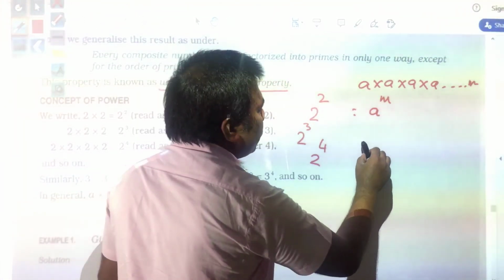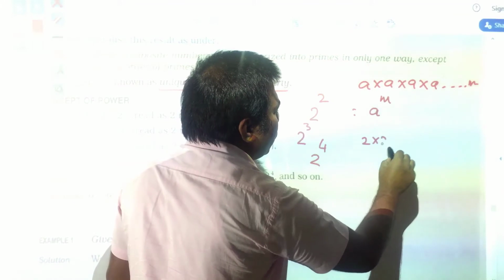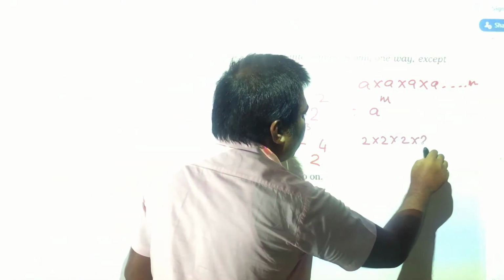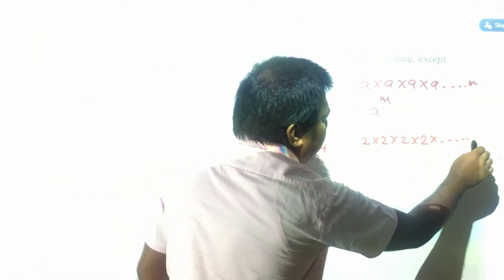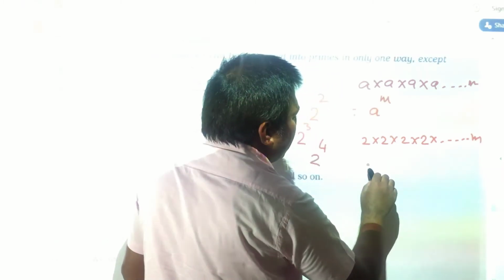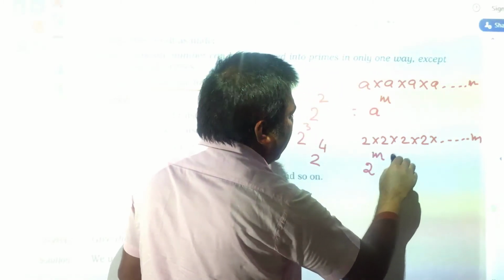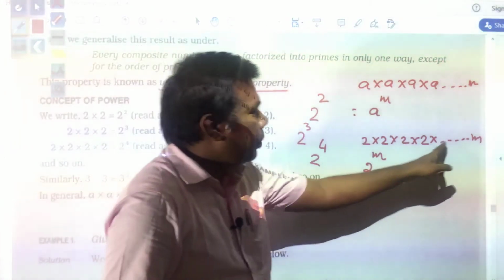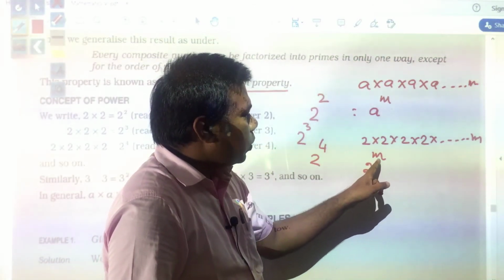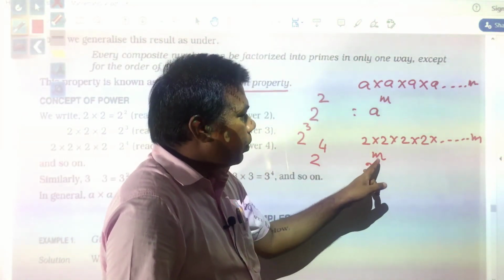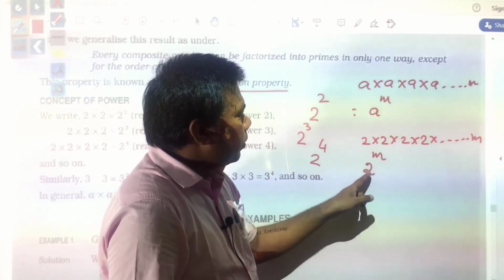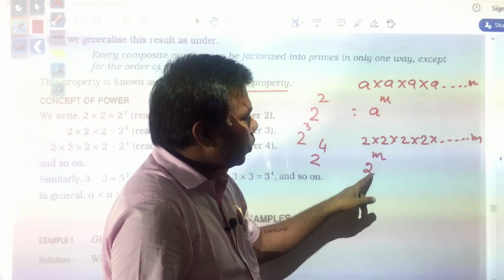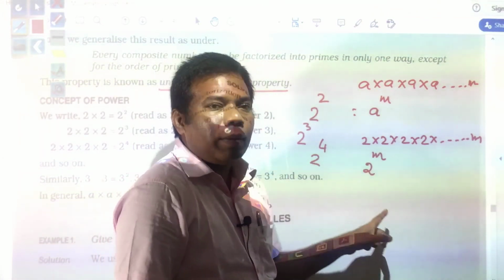For example, 2 into 2 into 2, m times, can be written as 2 to the power m. If it is 5 times, it can be written as 2 to the power 5, or if 6 times, 2 to the power 6, 100 times, 2 to the power 100. Likewise it can be written.